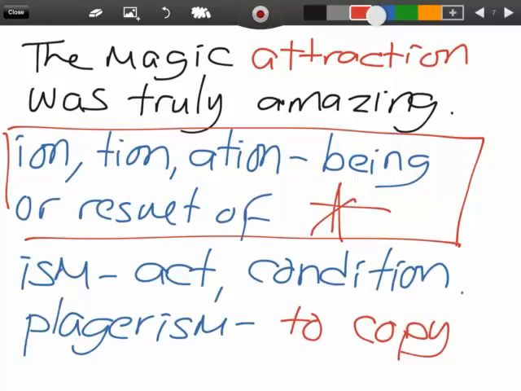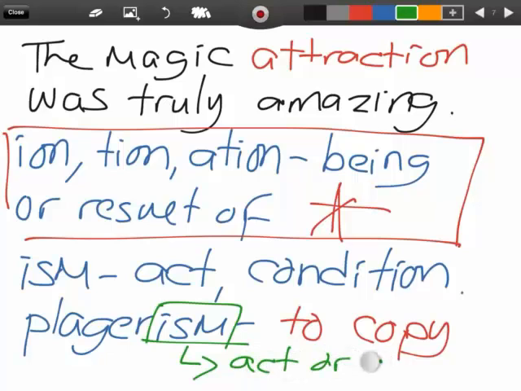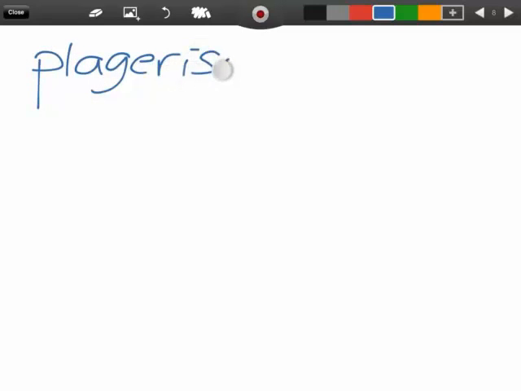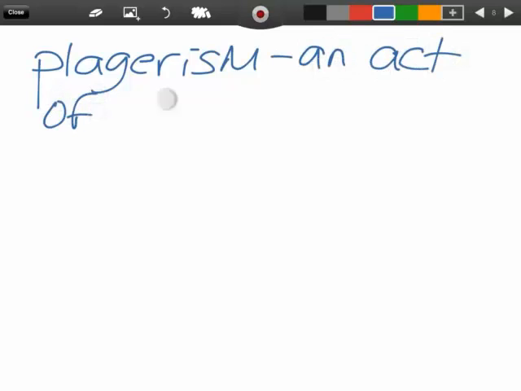And I'm going to put this in a box. And this means act or condition. When we combine these two words, I'm going to move on to my next page. I'm going to write plagiarism here one more time. It means an act of copying.